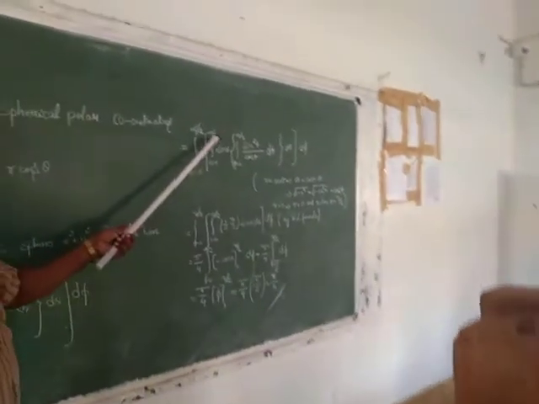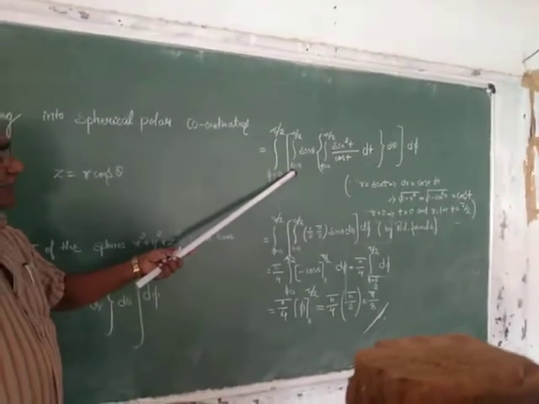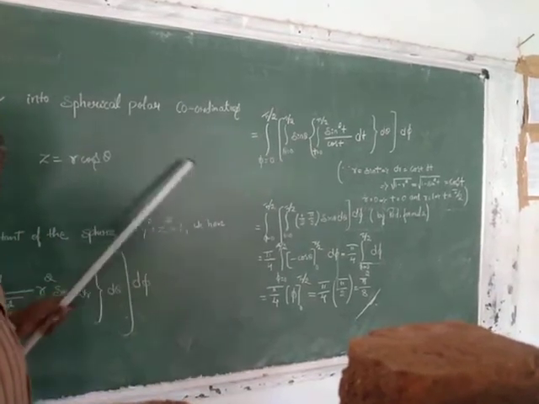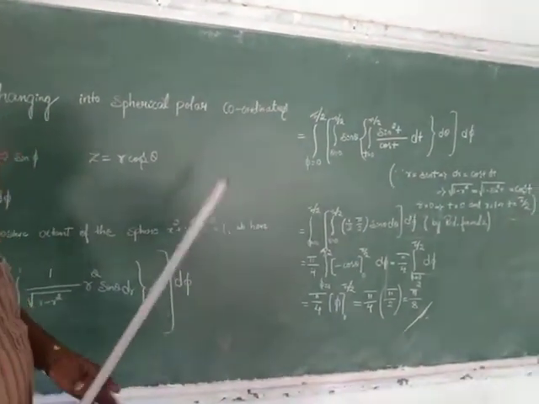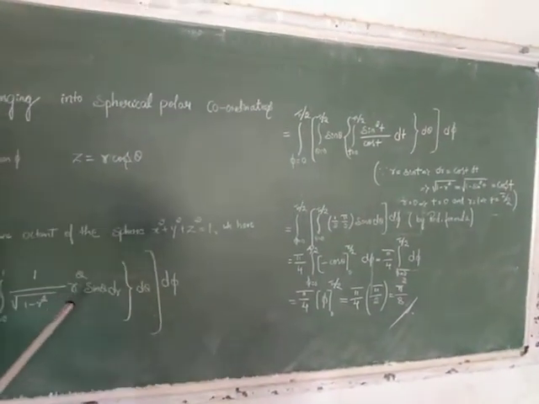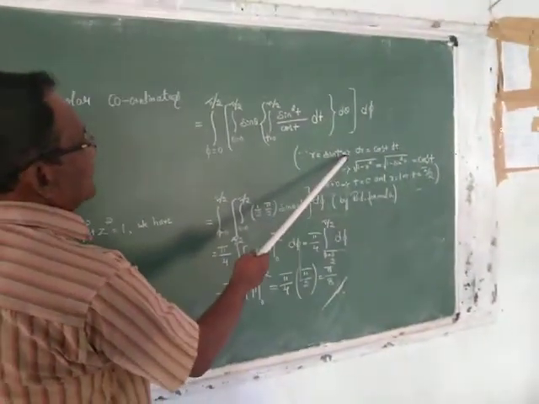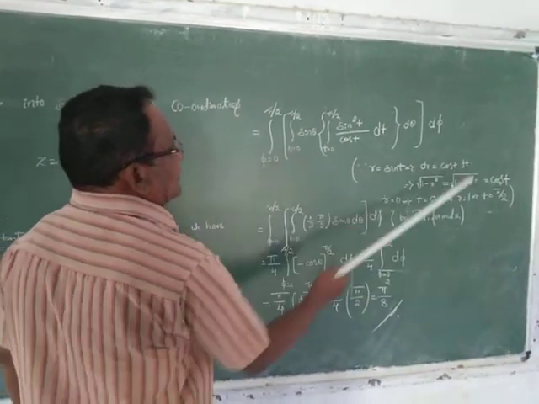Integral from phi equal to 0 to pi by 2 as it is. Integral from theta equal to 0 to pi by 2. Here sin theta is a constant, take it outside. For the integration in r, you can put r equal to sin t, so that dr is equal to cos t dt.